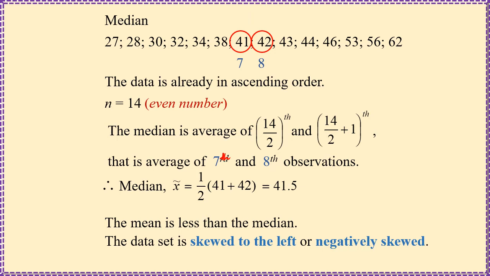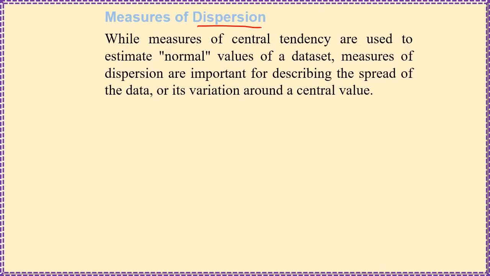Okay, now we discuss the measure of dispersion. This is the second measurement for the statistics. Measures of central tendency are used to estimate normal values of the data set. Measures of dispersion are important for describing the spread of the data or its variation around the central value.